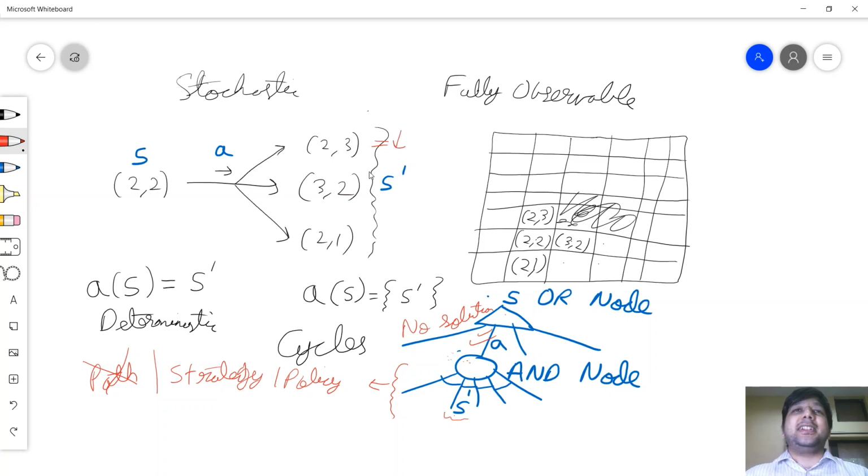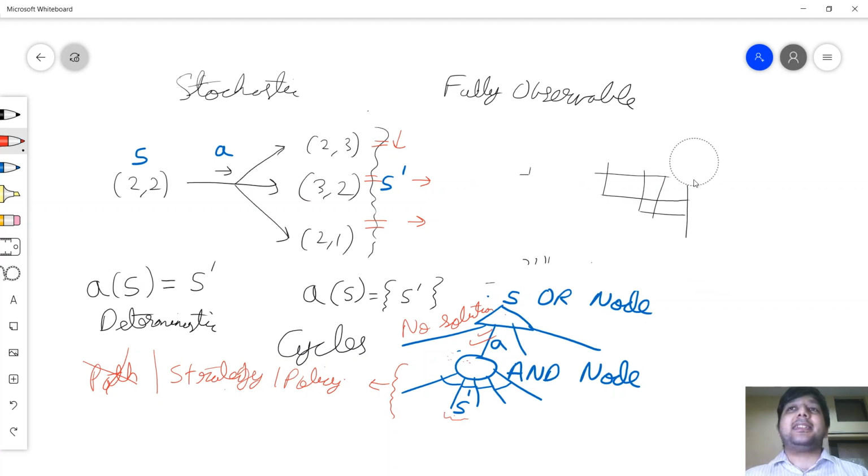From 3,2 here, right is a good action. And from 2,1 here, right is a good action. So technically my solution or my policy or my strategy is defined this way: if God selects 2,3, then I need to take down.